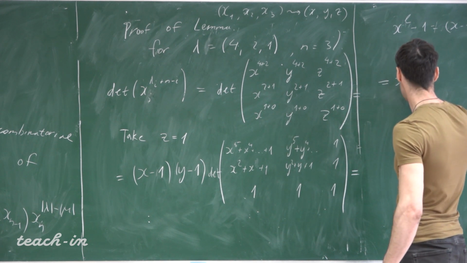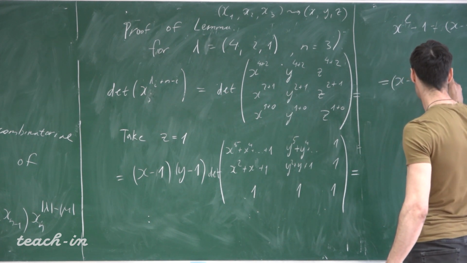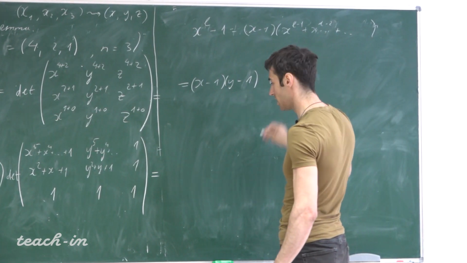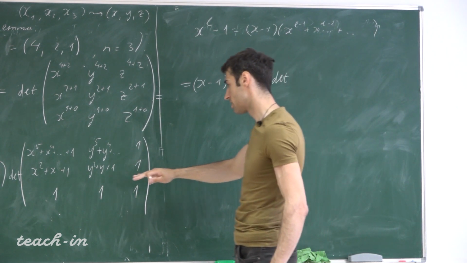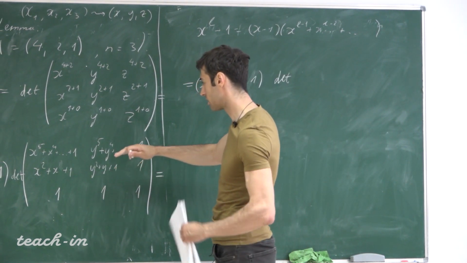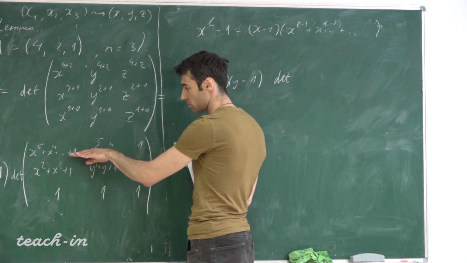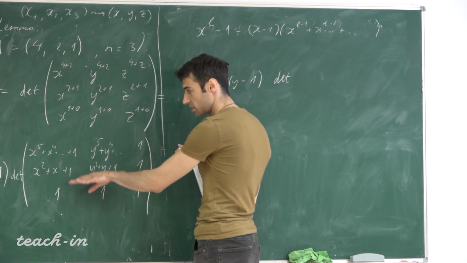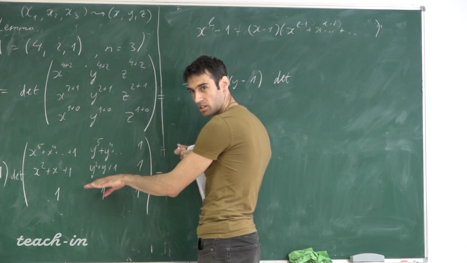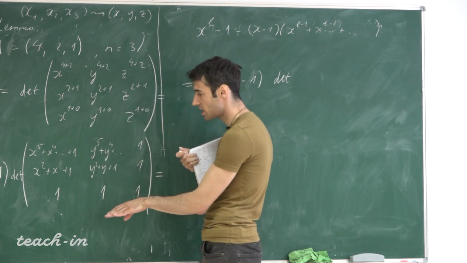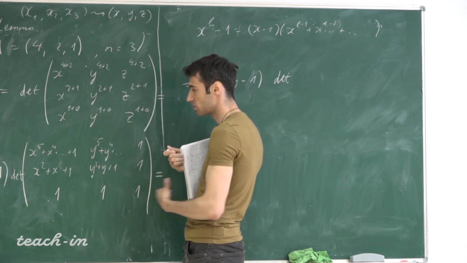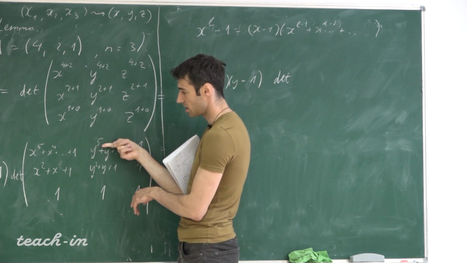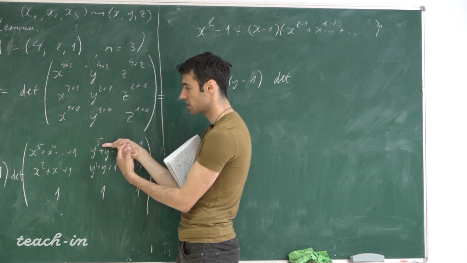This equals, again, x minus 1, y minus 1 times a determinant. And I would like to subtract, so I take the first column and subtract the second, then the second and subtract the third. So from this one I'm subtracting the previous one.